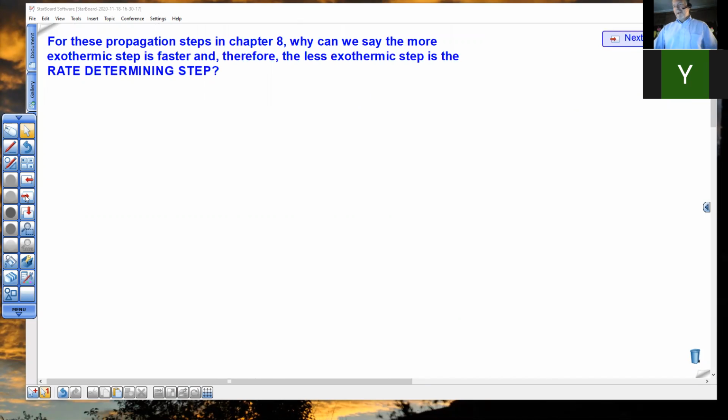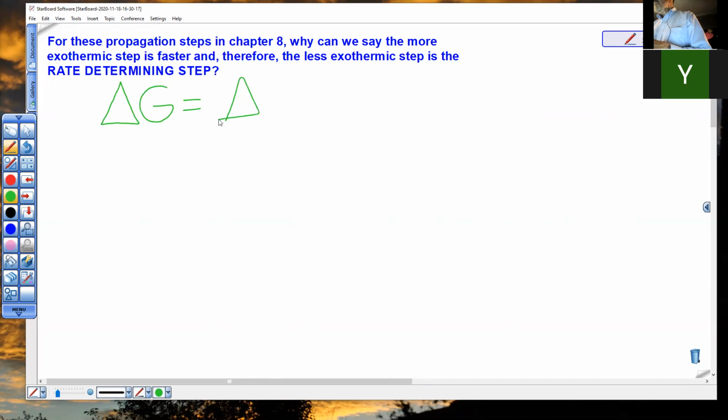Okay. Well, we have to look at what's called reaction spontaneity. And for us, more spontaneous reactions will be a little faster. And that is covered by something called Gibbs free energy, which is news to some of you. We will not be testing you on Gibbs free energy. I will just tell you what it is defined as. And it says you can predict how spontaneous a reaction is.